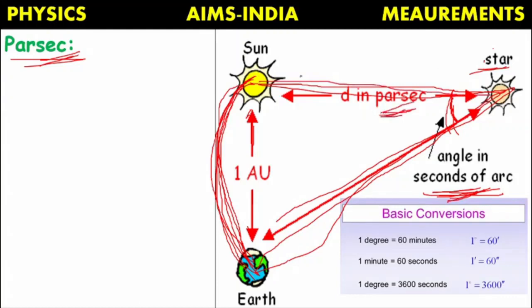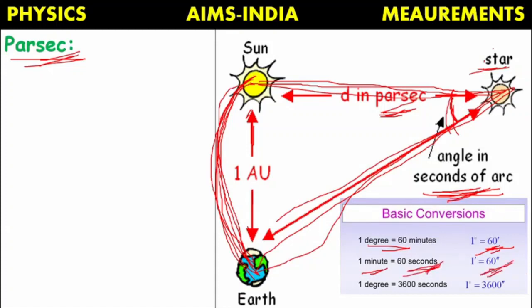Here we should know what an arc second is. We know that if 1 degree is divided into 60 equal parts, then 1 degree becomes 60 minutes. Here minute, along with being a unit of time, can also be considered a unit of angle. Again, if 1 minute is divided into 60 equal parts, each part is considered a second, 60 seconds.